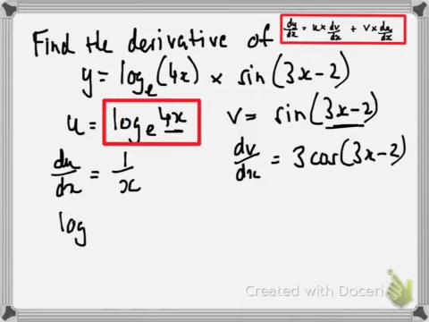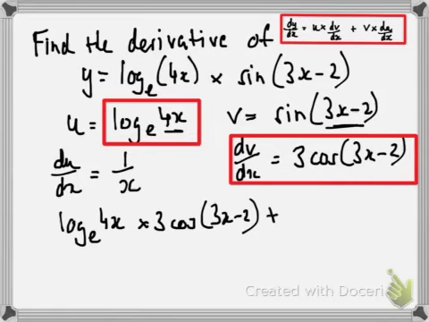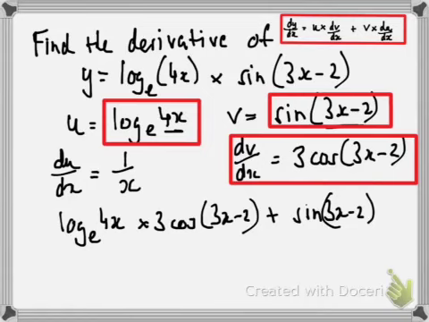So it's log 4x to the base e, multiplied by dv dx, multiplied by 3 cos of (3x minus 2), plus v, which is sine of (3x minus 2), multiplied by du dx, which is 1 over x. Let's copy that to the next slide and we'll start tidying it up.